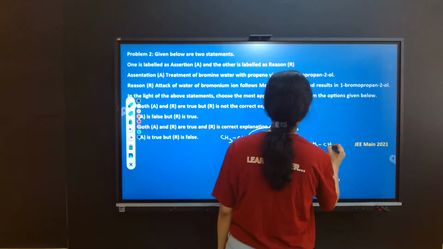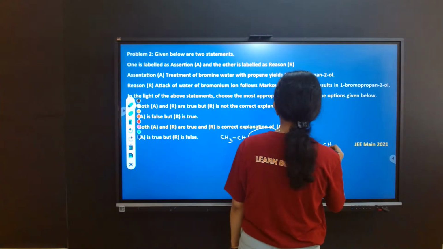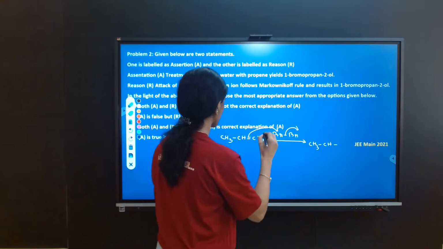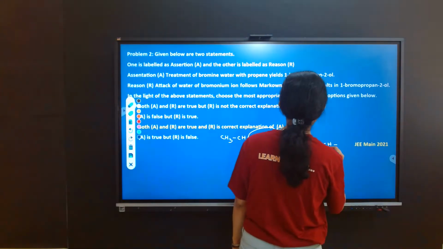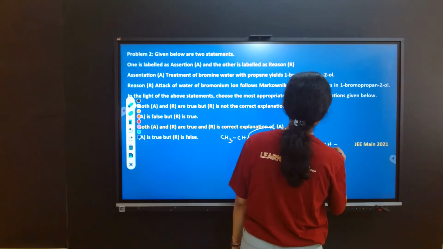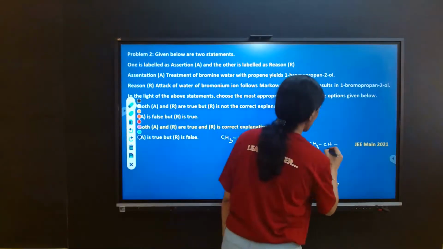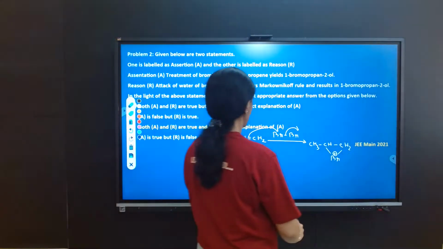CH3CH, and you can write it down like this, with Br plus, right?